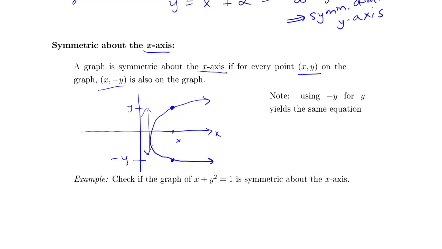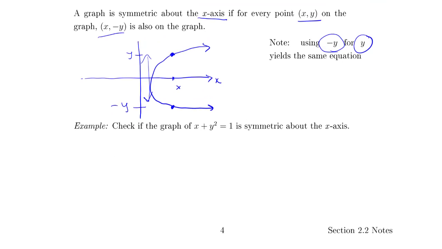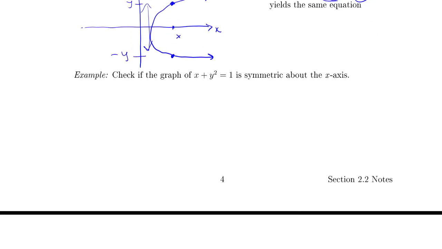So not surprisingly, we're going to check in a similar way. This time, we're going to use negative y in for y and see if we get the same equation. So x plus y squared equals 1. Is this symmetric about the x-axis? I'm going to try negative y for y everywhere.